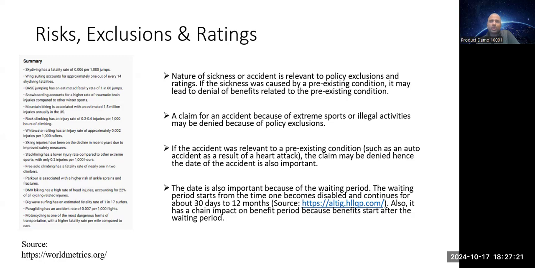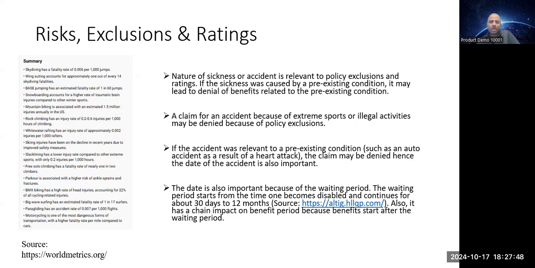Your waiting period is basically the elimination period that starts after the onset of disability. Once you become disabled, it continues all the way till your benefits are paid, and this time frame may be up to 90 days altogether. So it may be up to 90 days before you start receiving any benefits.